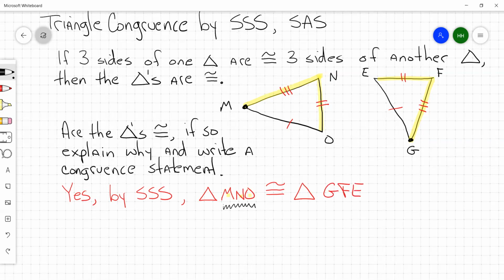All right, we're going to do one more. I'm going to change the order of the first triangle this time. Change the order of the first triangle to ONM. ONM is congruent to which triangle? Yes, sir. Very good, EFG.